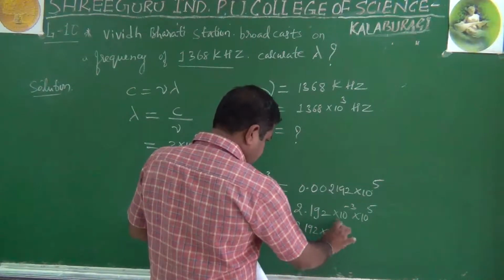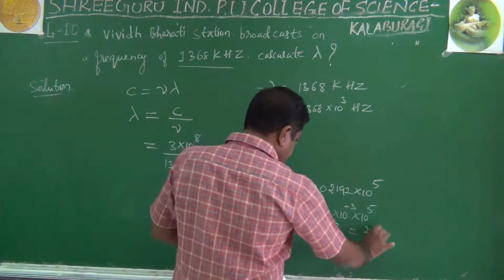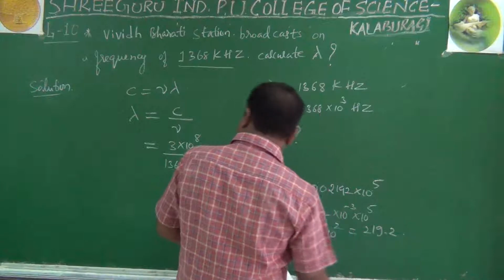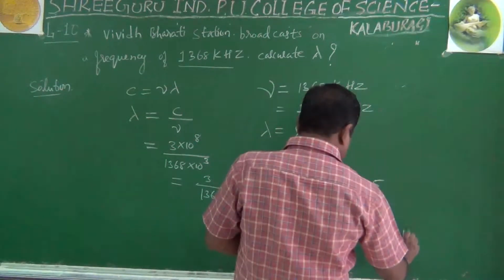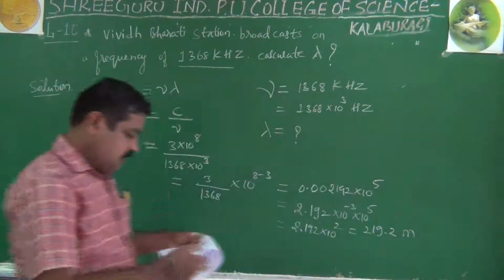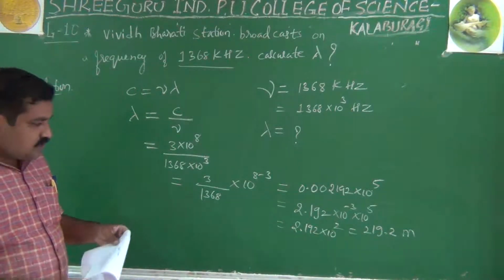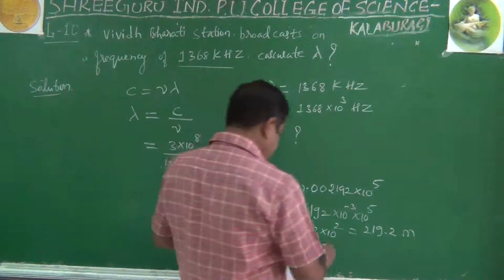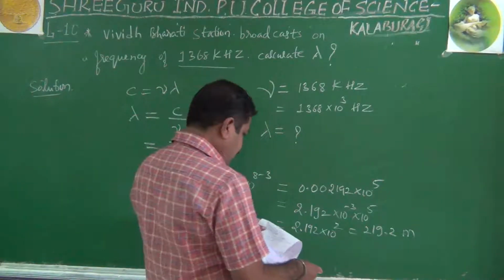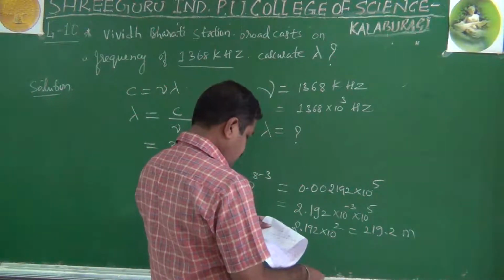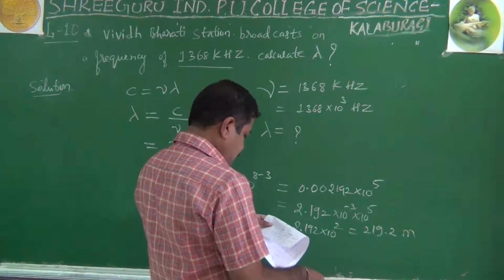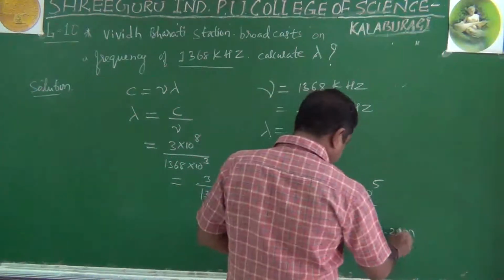So 2.192 into 10 to the power plus 2 will be 219.2. That is the wavelength in meters. 219.29, sorry, 219.29.